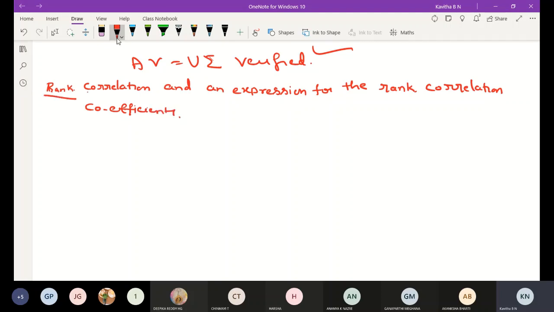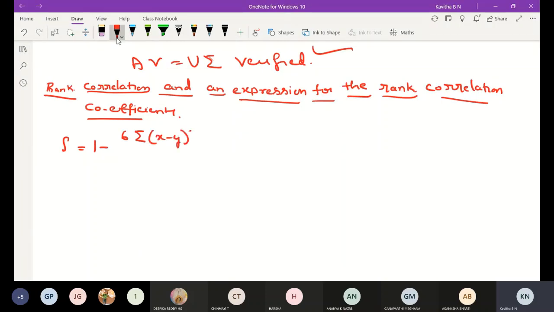Okay, formula. Rho is equal to 1 minus 6 into summation of x minus y whole square divided by n into n square minus 1.